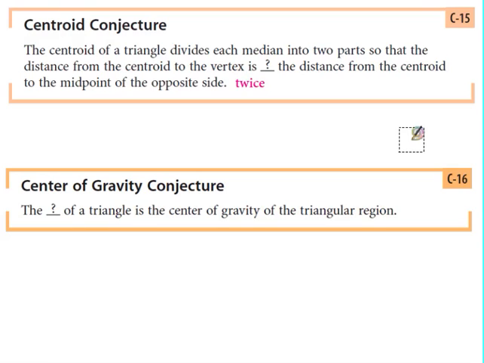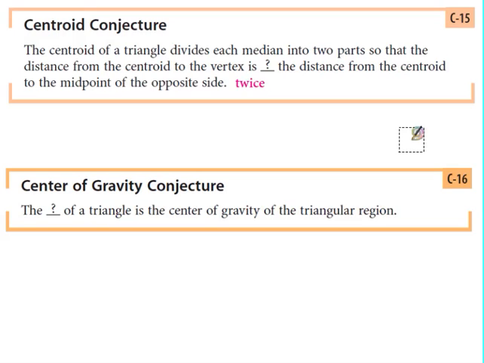Now, have you ever talked about center of gravity in science? The center of gravity is kind of like the balancing point of an object. If I had a line segment, the center of gravity would be the midpoint, where you could balance that line on your pencil. In a triangle, we also have a point where, if we take the tip of our pencil, we could balance it.